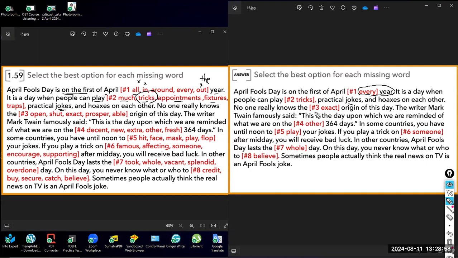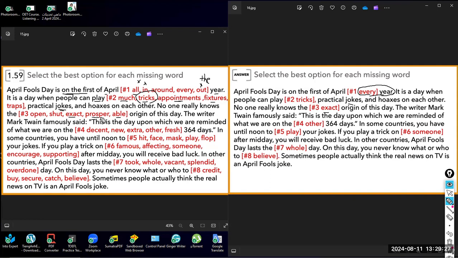No one really knows the exact origin of this day. So I have to say, no one really knows the origin of this day. Okay, this is it. So notice, guys, I cannot say, for example, no one really knows the open origin of this day, or the able, or the prosper.